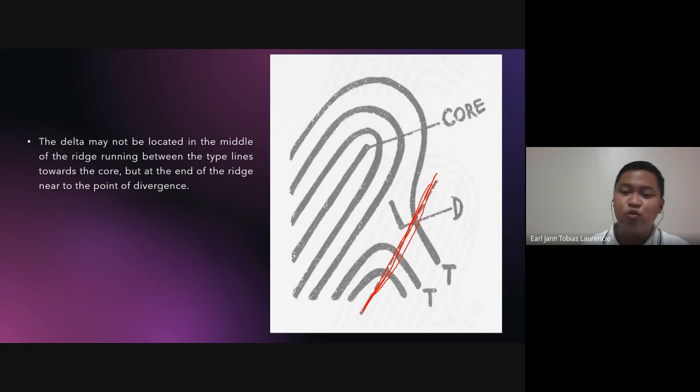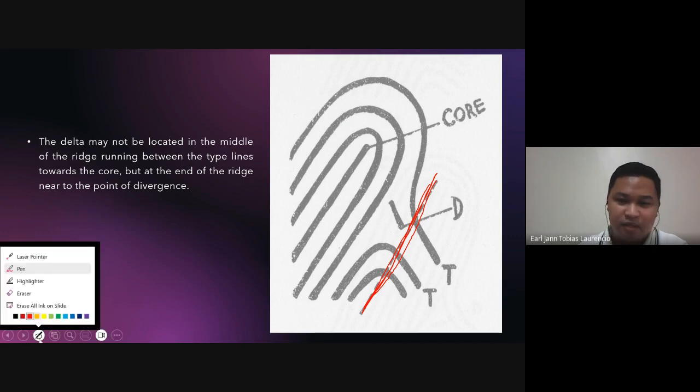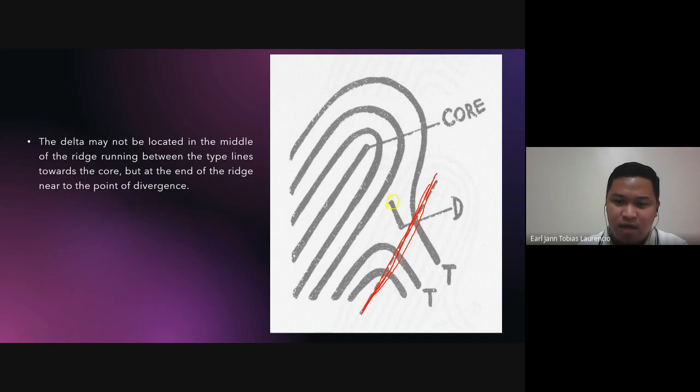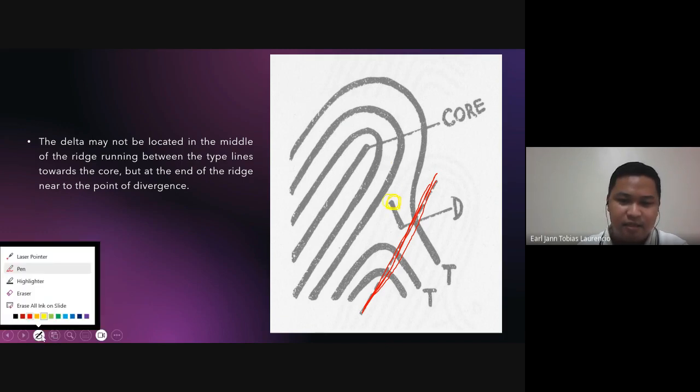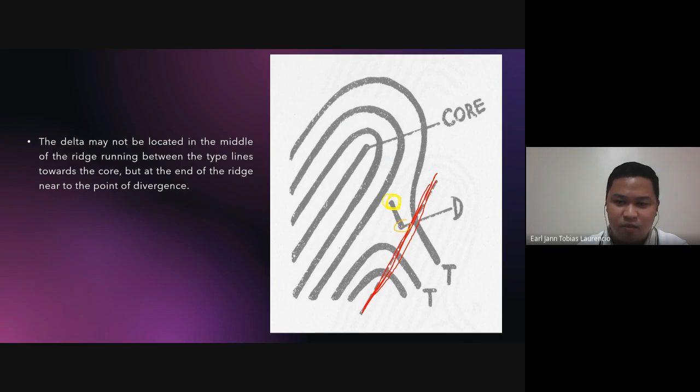So there is a short ridge near the point of divergence, in front of it. But there are two sides of the short ridge. Let me encircle the two sides of the short ridge. This one, the one encircled with yellow, and the other side is this one, the one encircled with orange color.